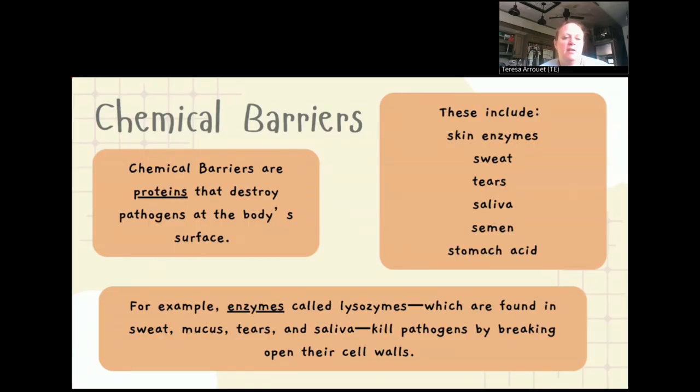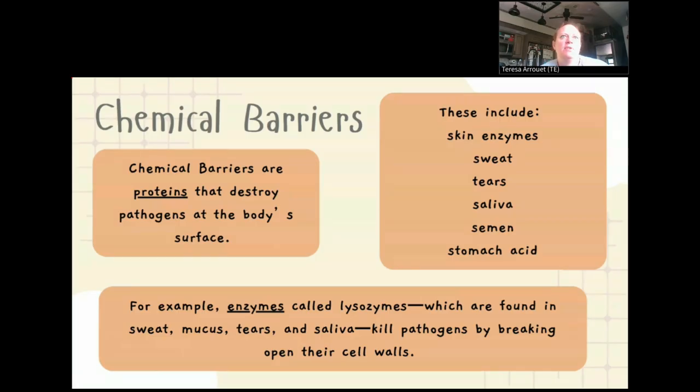Those proteins are made in your ribosomes, in your cells, and a lot of your cells make proteins, and they have different jobs. They're like chemical signalers. They're used to fight infections. They're used to build other things. So proteins have a huge job, and there's a lot of different kinds. But there are some that destroy pathogens in your body.